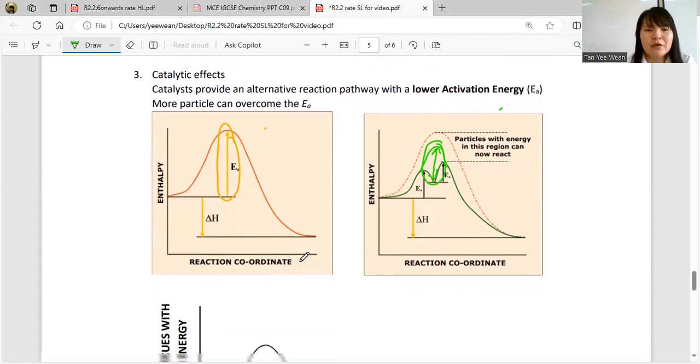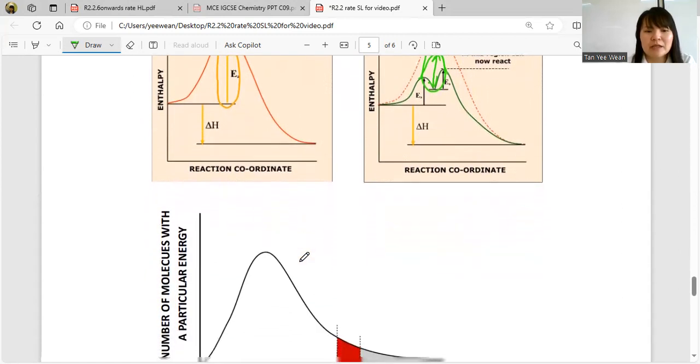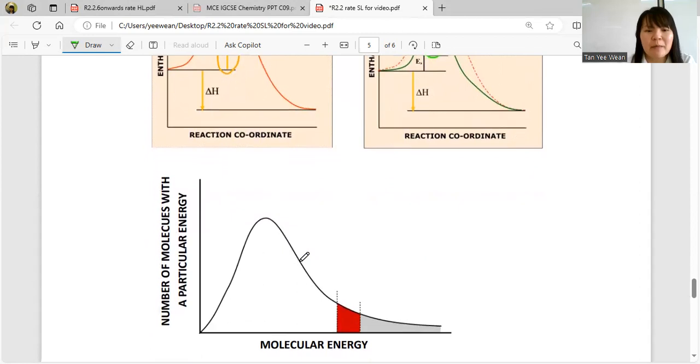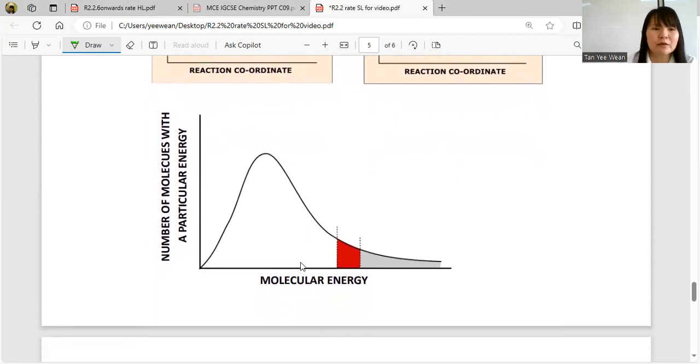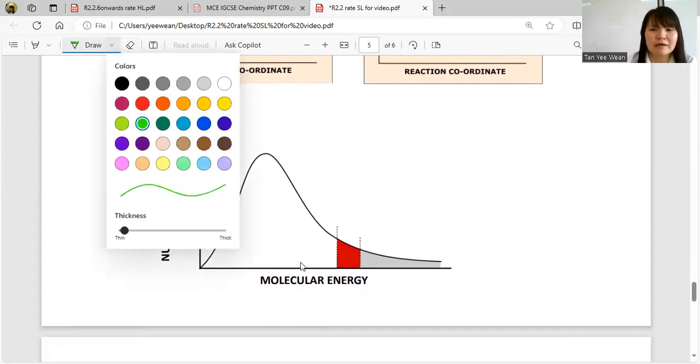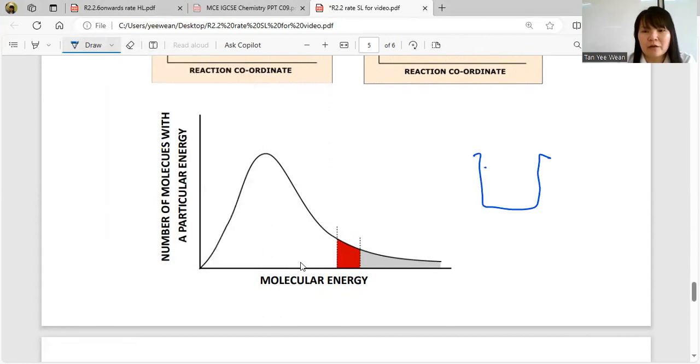Okay, so the new thing here for catalyst is that we need to explain that with the Maxwell-Boltzmann distribution. So you can imagine there's a beaker of 30 particles. And imagine that as 30 of you in my class. Let's say we divide this into the energy levels.